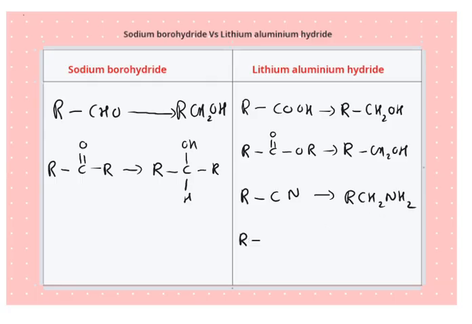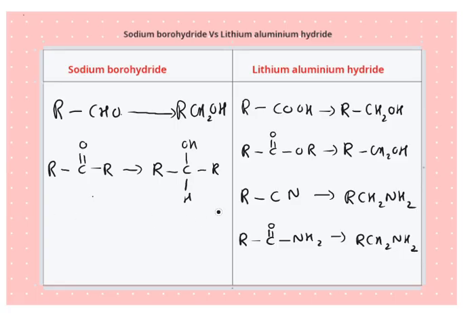Not just that, it can even reduce amides. What are amides? CONH2, to form a primary amine. These are the major differences. These reactions cannot be done by sodium borohydride, whereas lithium aluminium hydride, along with aldehyde and ketone, can also react with the acid, ester, nitrile and amide to form the corresponding products.